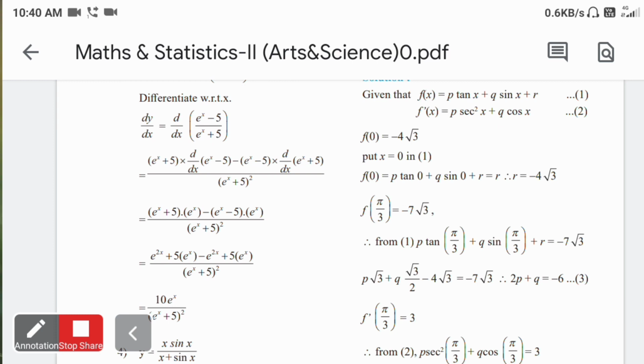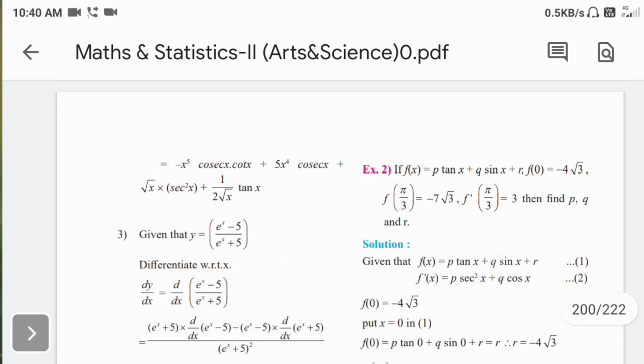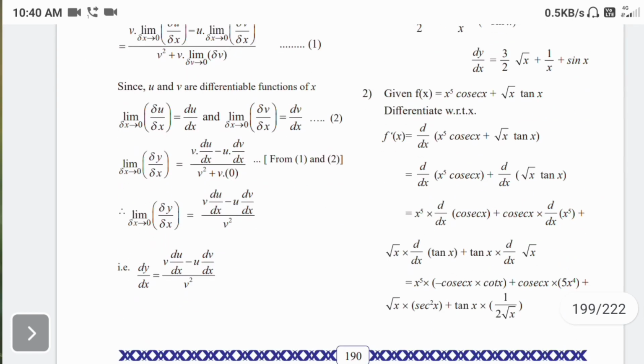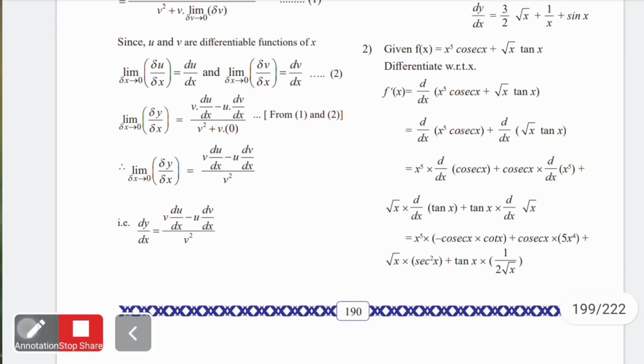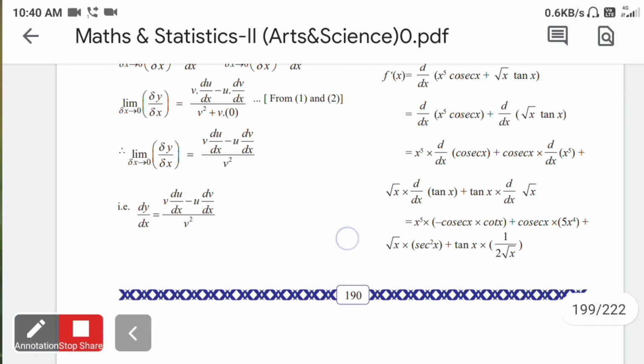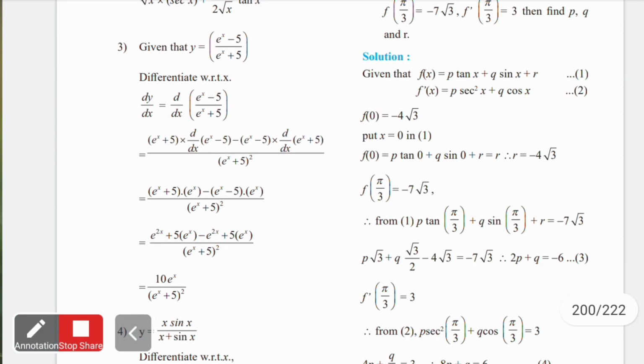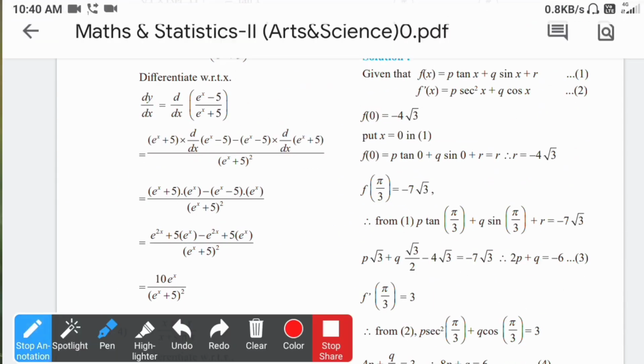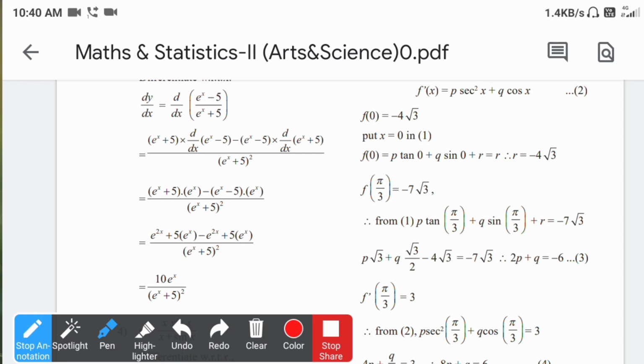For the derivative of u upon v, we simply use the rule: v into derivative of u minus u into derivative of v, divided by v square. Here the first function, the numerator, is labeled as u, and the denominator is labeled as v.